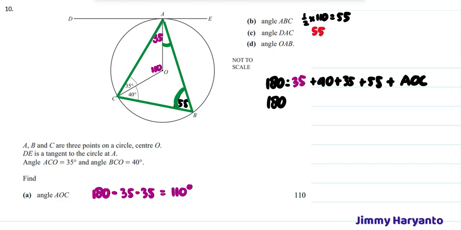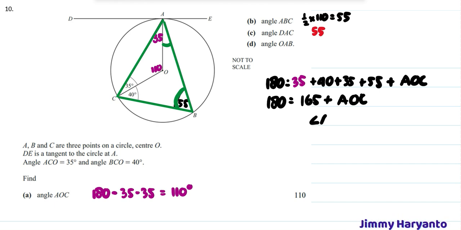That means 180 equals 75, 110, 165 plus OAB. That means the angle OAB equals 180 minus 165 equals 15.